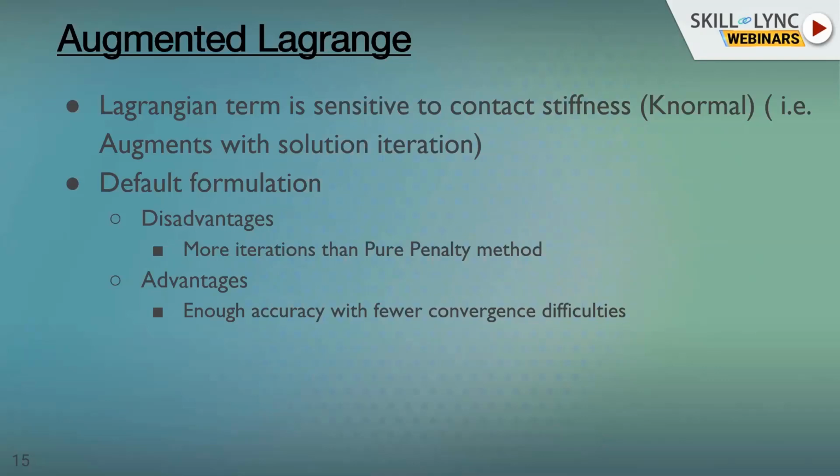So it depends upon the software developers which algorithm they want, what settings they are using. In Ansys, pure penalty gives more penetration. In Abaqus, pure penalty gives enough accuracy, so you can go ahead with pure penalty. But if you are using Ansys, go ahead with the augmented Lagrange method.